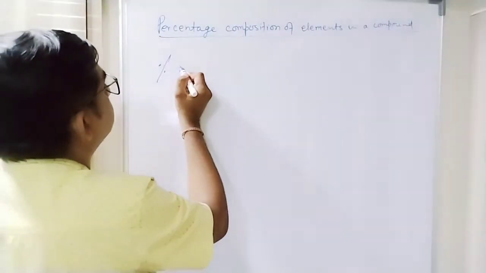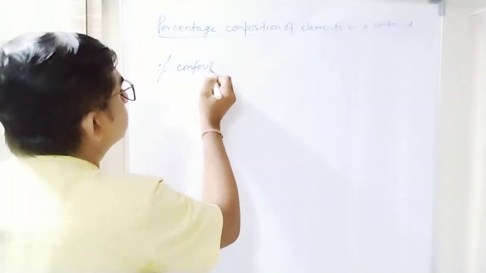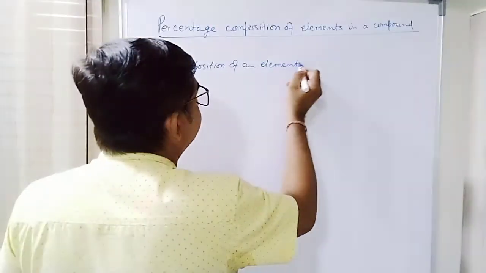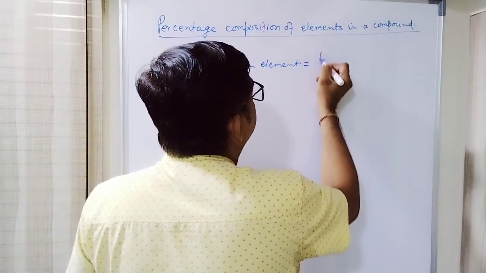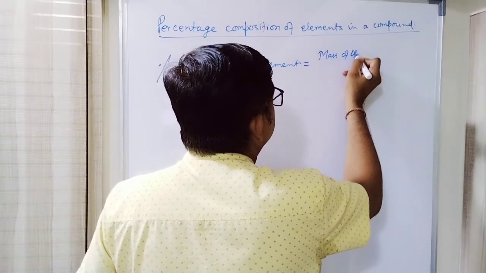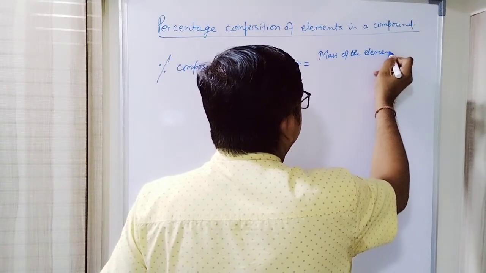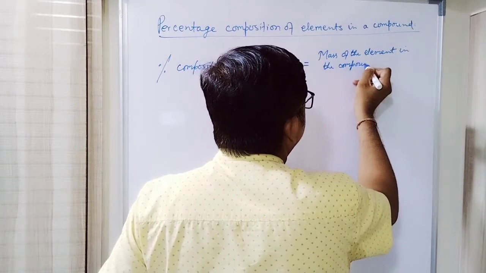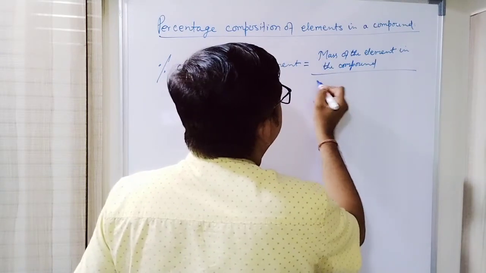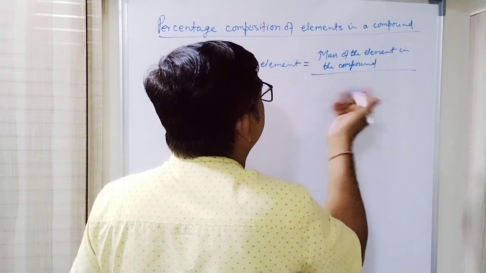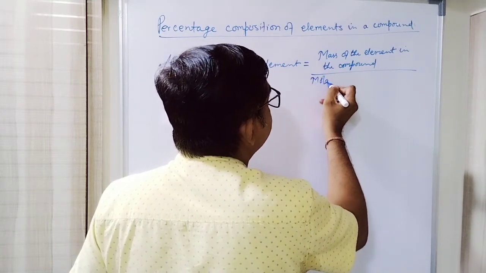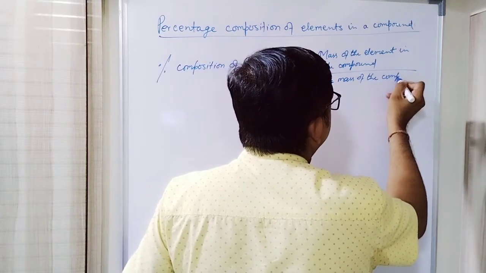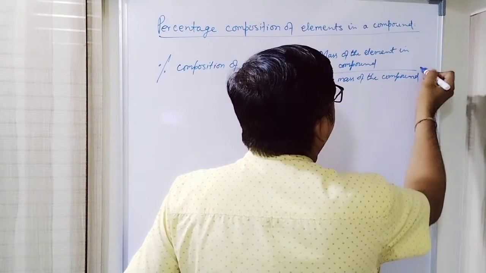Percentage composition of an element is equal to the mass of the element in the compound upon the total mass of the compound, or the molar mass of the compound, into 100.